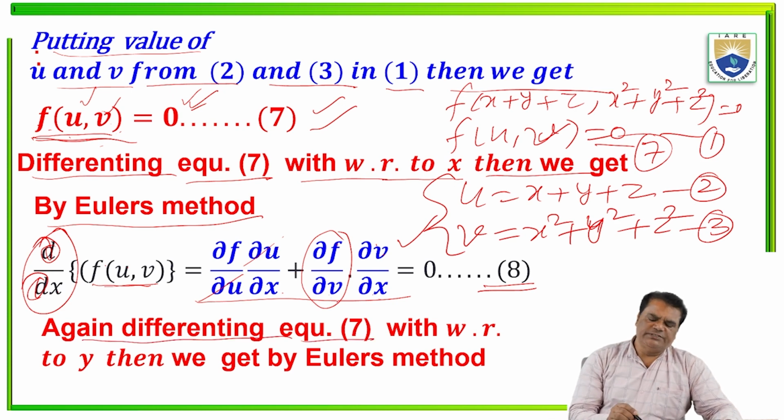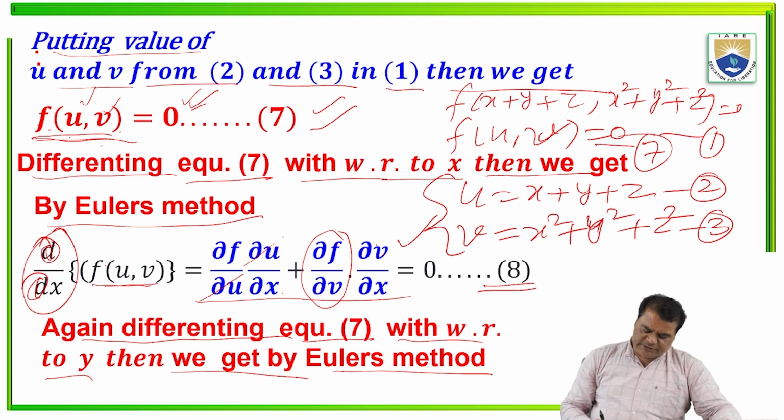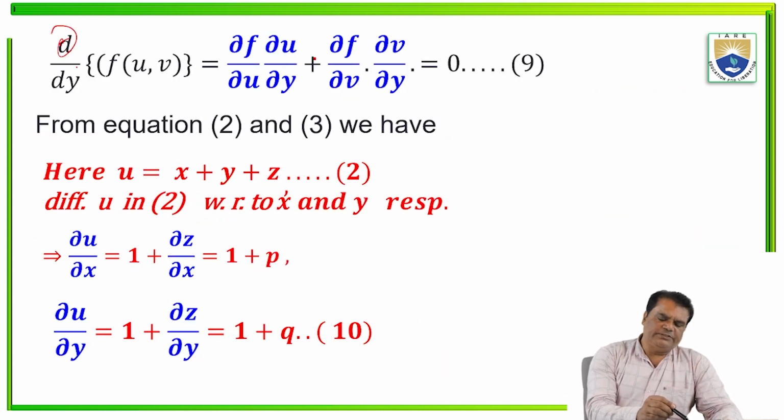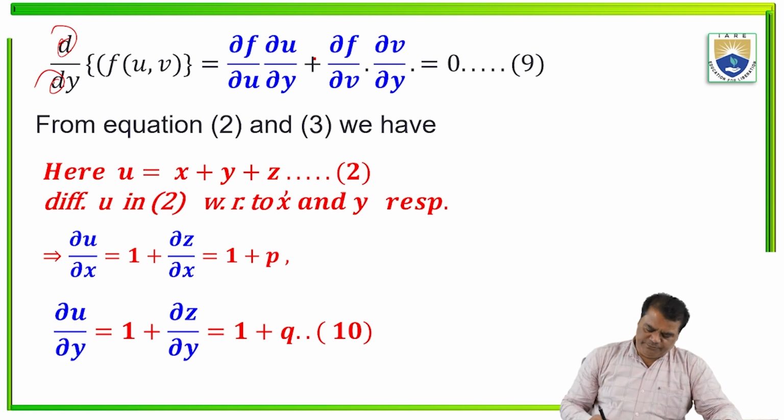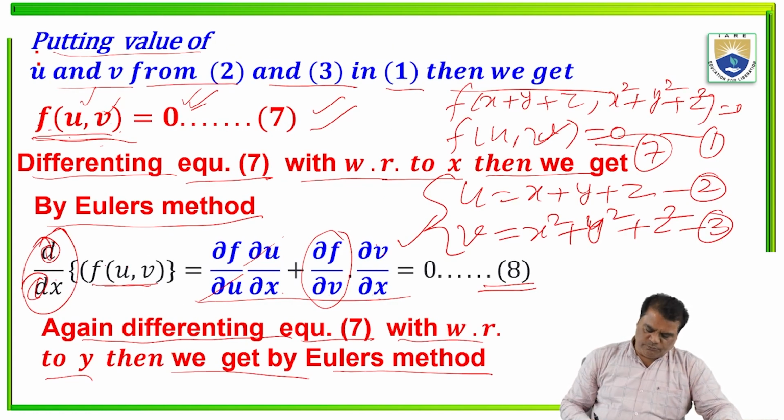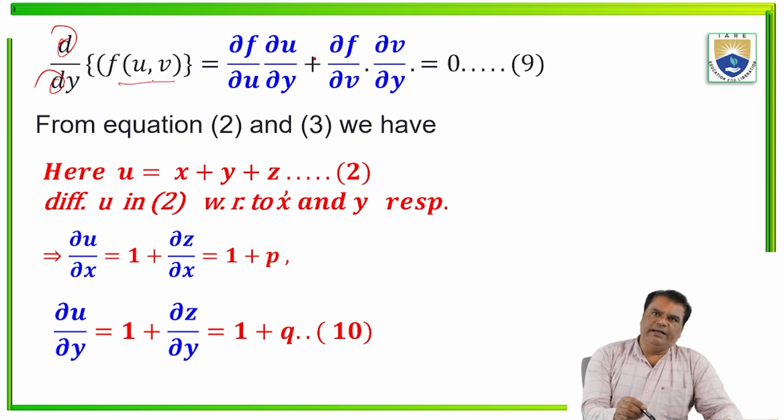Again differentiating equation 7 with respect to y, we again apply the Euler method. Next equation is dou over dou y partially. So dou over dou y of f(u, v), again applying Euler's method: dou f over dou u, first of all differentiating function f with respect to u partially, because there are two variables in the function, u and v. So v is constant while differentiating f with respect to u, and u is a function of x and y.